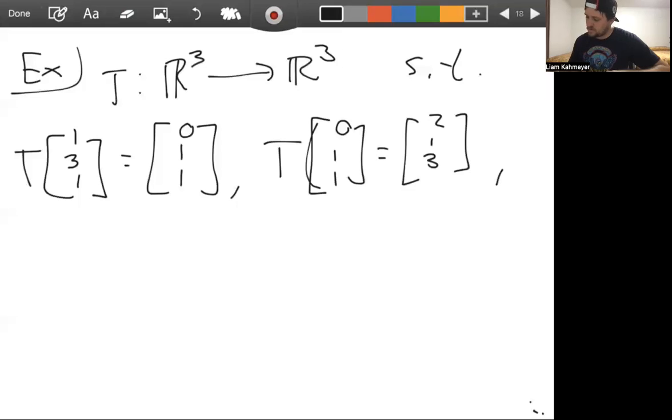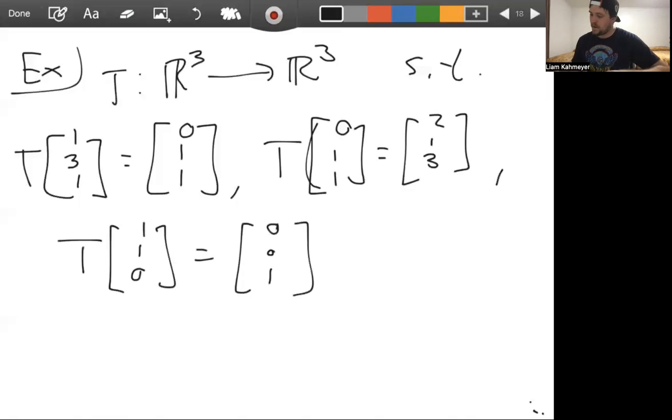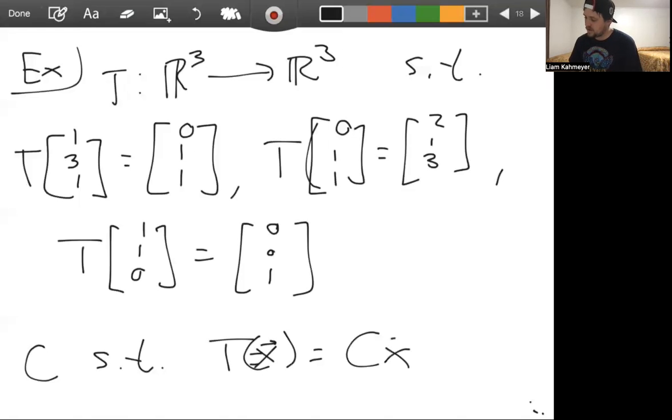And then we also know how it acts on (1, 1, 0), which is (0, 0, 1). Then the question is, what is the matrix C such that T of x equals Cx?